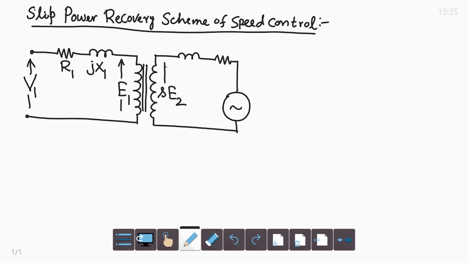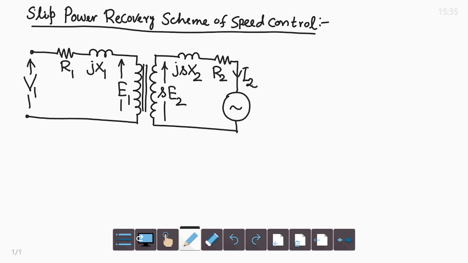E2 is the standstill EMF. Because the frequency of the rotor EMF is slip frequency, S times the fundamental frequency, the leakage reactance of the rotor is jSX2, rotor resistance is R2 and rotor current is I2.